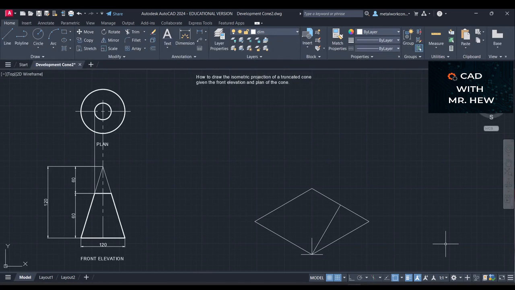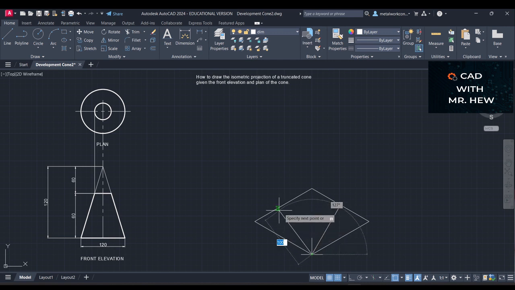So there we have our line being drawn from this point going up to touch this line. We're going to do the same procedure on this side. We're going to draw a line again.